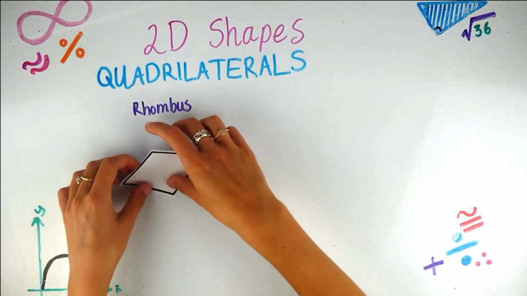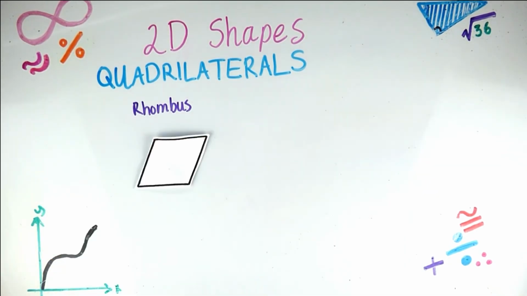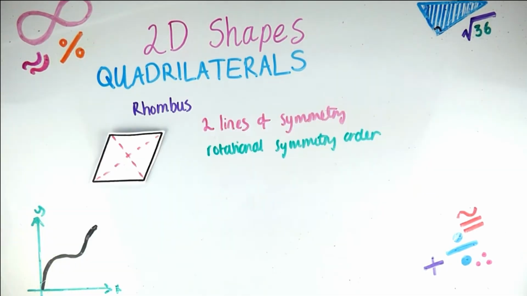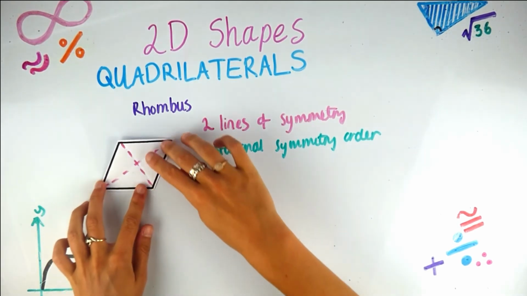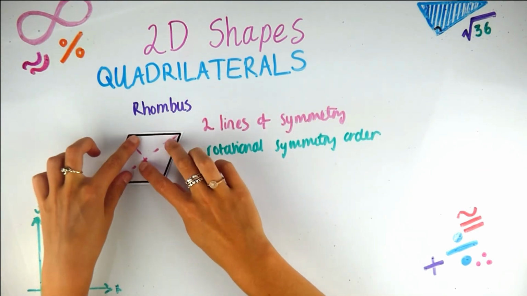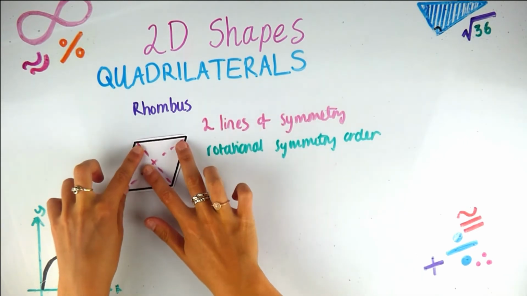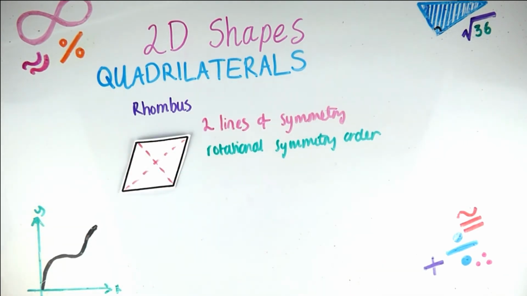So I could fold it along this line. There are 2 lines of symmetry. And what is the rotational symmetry? So how many times can I spin this before I get the same shape back? So there's 180 degrees, and that gives me the same shape. And then I go another 180 to get 360 back where I was. So that means I've got order 2.